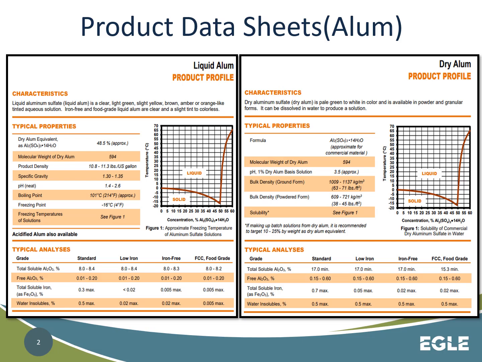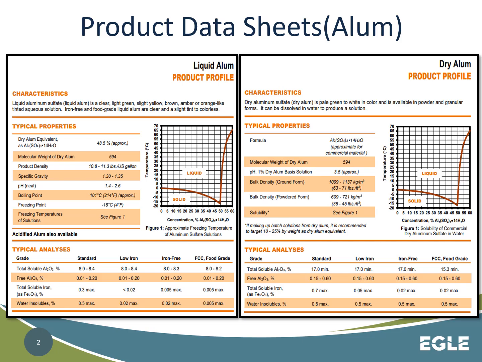If we take a look at the typical properties, it says that dry alum equivalent is 48.5%. And that's percentage by weight. So let's say, for example, you have 100 pounds. You're able to dump gallons onto a scale, into a little tank, until you reach 100 pounds.